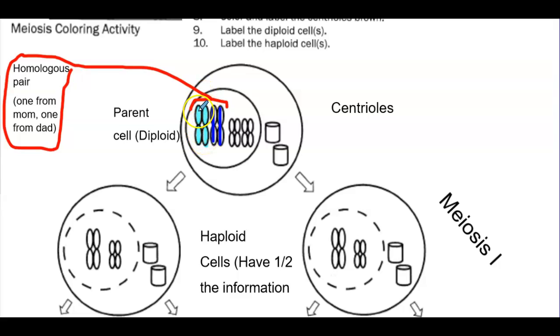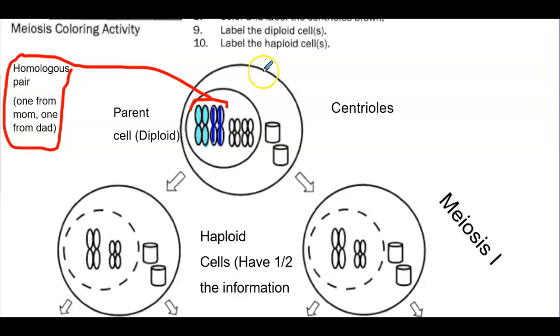So let's say mom gave you a light blue, and your dad gave you the dark blue. And maybe it has information for your eye color and your hair color, along with lots of other information too. Okay, so we have two different pieces of information for eye color and hair color, and we have a copy next to it. So that's a homologous pair of chromosomes.